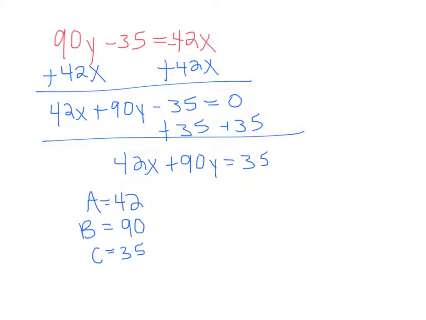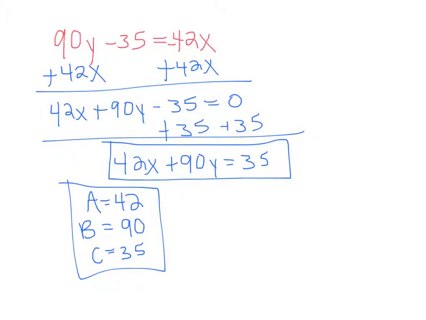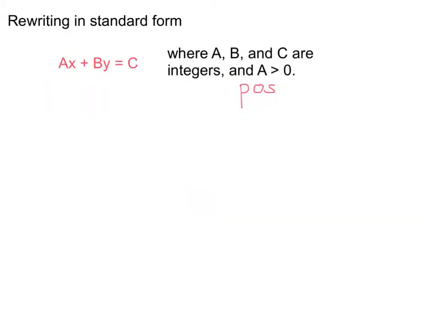So we had some big numbers there. That's okay, we can deal with it. And that's standard form of that previous equation. So to review, to be in standard form, you need to have the x term and the y term on the same side, that being the left side. But if you end up on the right side, use the symmetric property to just turn it around. And then you got your term with just a number on the right side.